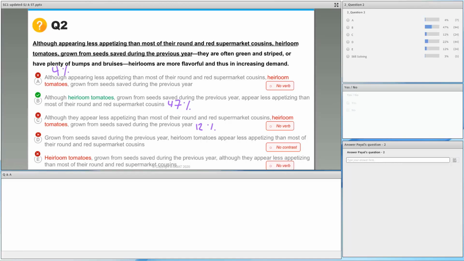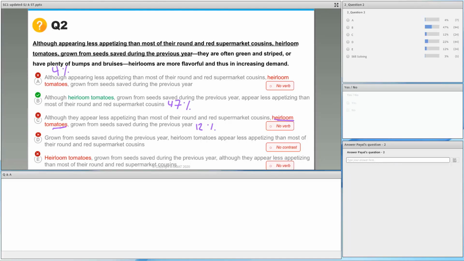So if you rejected choice A, but you picked choice C, you did not spend the time to see that heirloom tomatoes, which yes is put in this comma pair, doesn't have a subject. Okay? So that would be where that hiccup is with choice C.